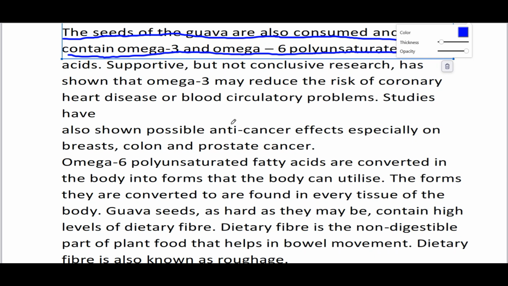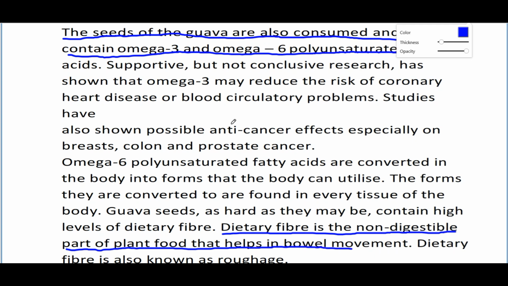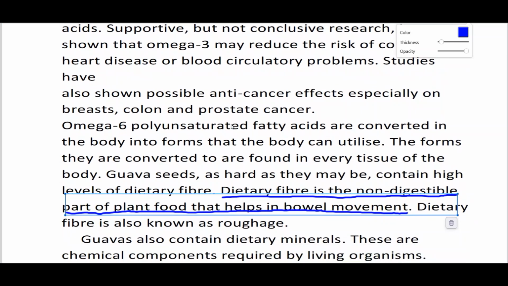Guava seeds, as hard as they may be, contain a high level of dietary fiber. Dietary fiber is the non-digestible part of the plant food that helps in bowel movement. So this one here, we are looking at prevention of, if you look at biology, this is the roughage that reduces constipation.